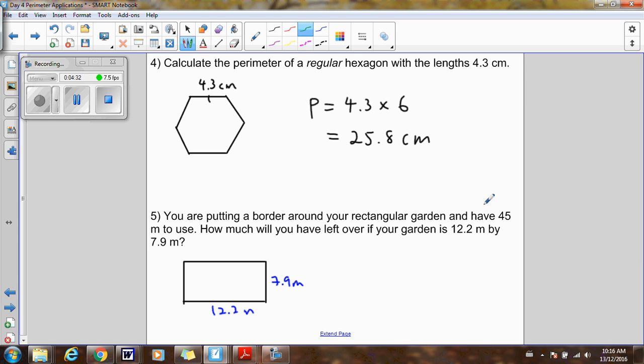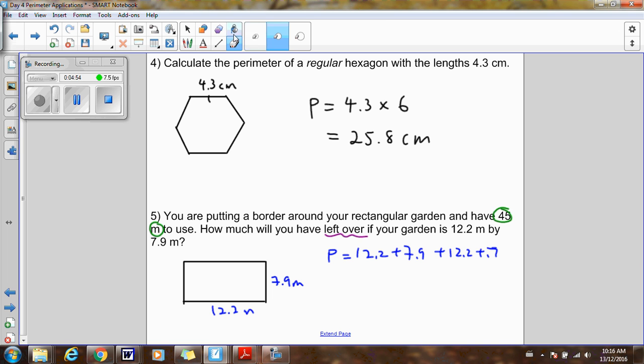And they tell you that you have 45 meters to use, and they want to find out how much that's left over. Okay, so let's find the perimeter first. The perimeter in this case is 12.2 plus 7.9 plus 12.2 plus 7.9. Right? So you add up all the length and width, and you're going to get the perimeter. Okay, if you do that, you're going to get the answer 40.2 meters.